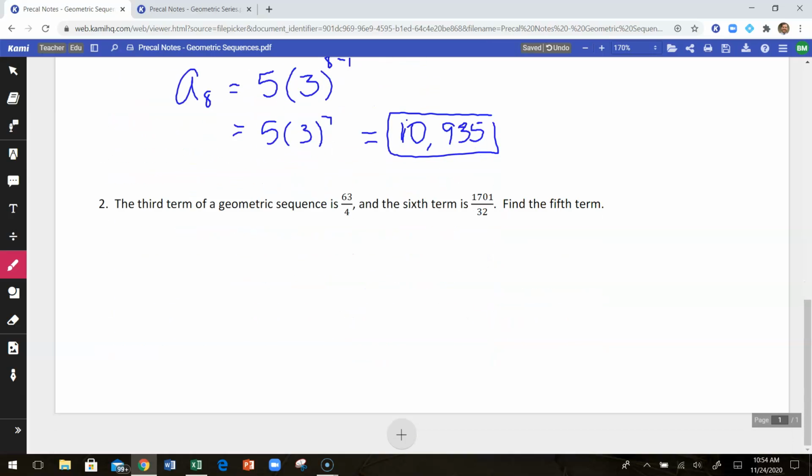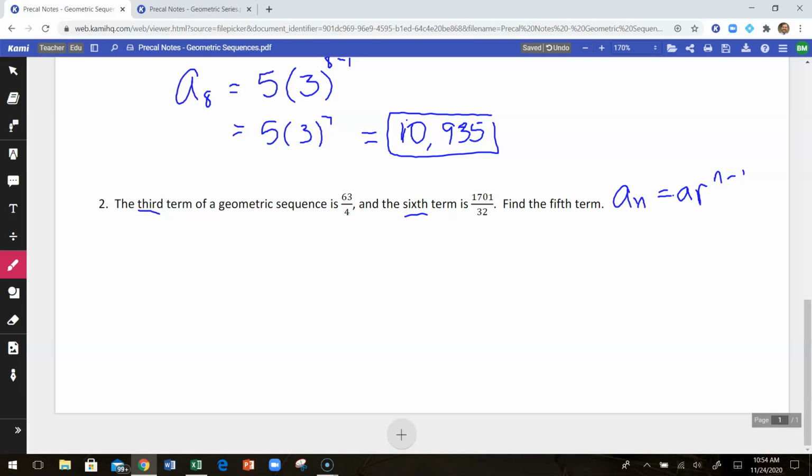Okay, and then the last question here: I know the 3rd term, I know the 6th term, and I want to find the 5th term. In order to do that, I need to figure out the values of A and R. There's going to be a little bit of work here, but I'm going to use this formula, A of N equals A R to the n minus 1, and write it for both my 3rd term and my 6th term.